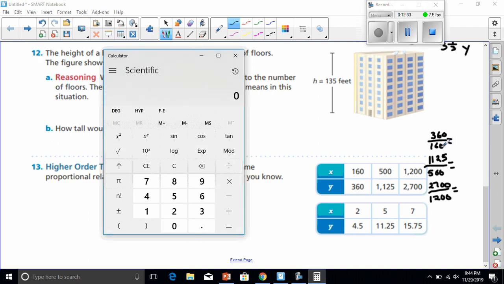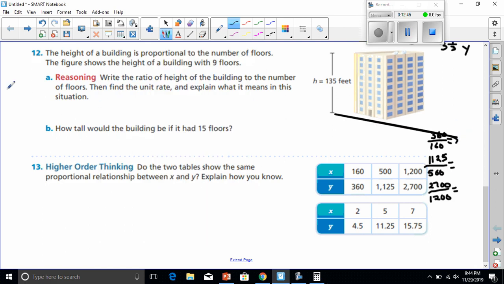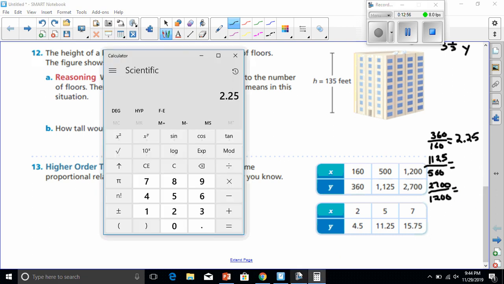We see that 360 divided by 160, that's going to be 2.25. Now we've got 1,125 divided by 500.